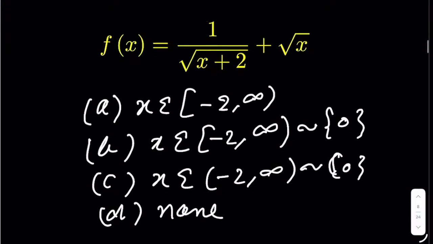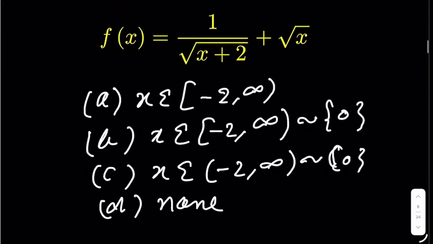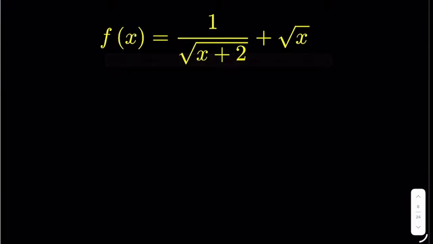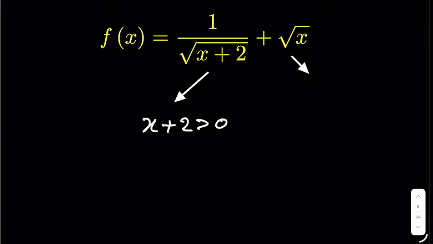Okay, look. According to the definition, first we have to focus on this part, and after that, this one. I know that the first part is defined if x plus 2 is greater than 0, and the second part is defined if x is greater than or equal to 0 because of the under root.